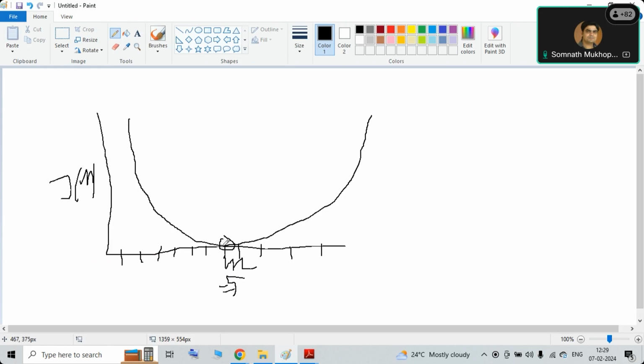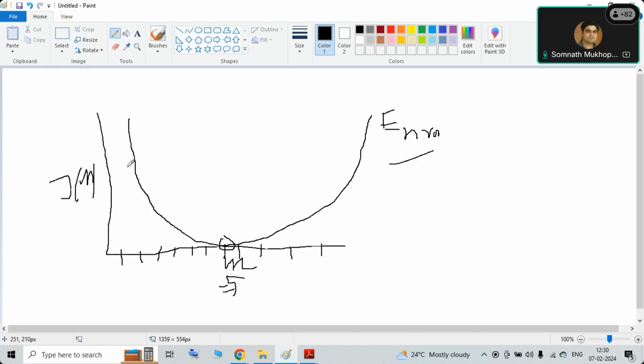Here there is the minimum error. Suppose the m value is 5. For m equal to 5, the J(m) function has a minimum here. So that means the error is minimum here. This is the error function, this is the cost function. We can solve this by using gradient descent.